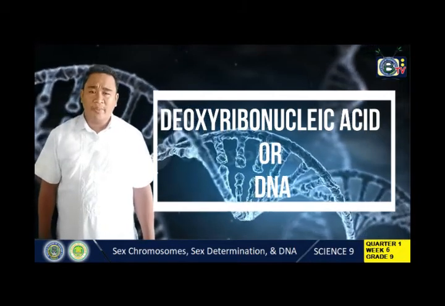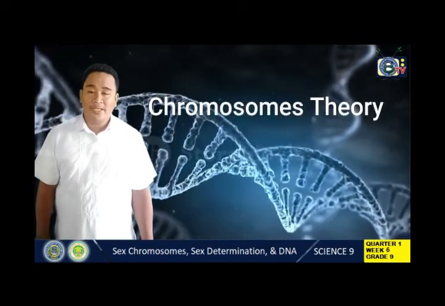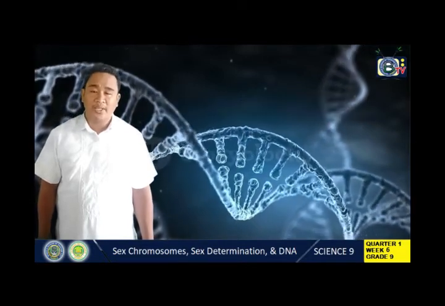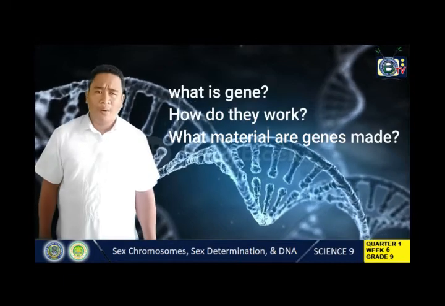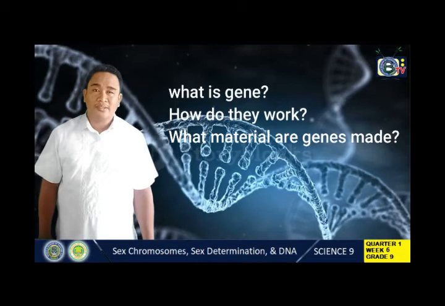Many questions remain unanswered after the discovery of the chromosome theory of inheritance, despite so many discussions that had been made about chromosomes and the traits that genes produce. Some are, what is a gene? How do they work?